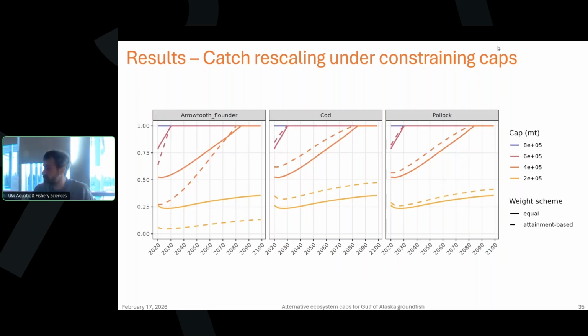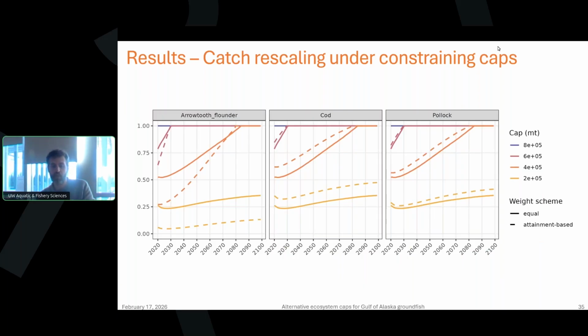Where things change is with the dashed line. Basically, where you prioritize attainment of, in this case, cod, at the expense of, in this case, arrowtooth, and pollock is someplace in between these two. Essentially, you still have to comply with the cap, but the model is trying to maximize the catch of what you told it that you value, so cod in this case, at the expense of arrowtooth.